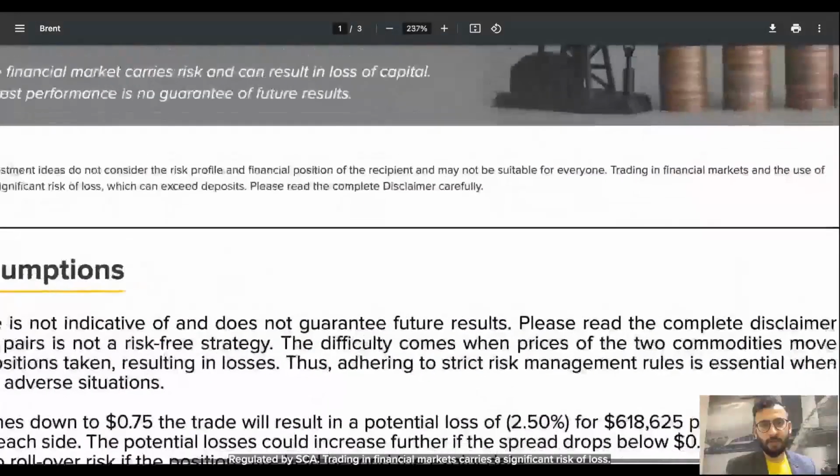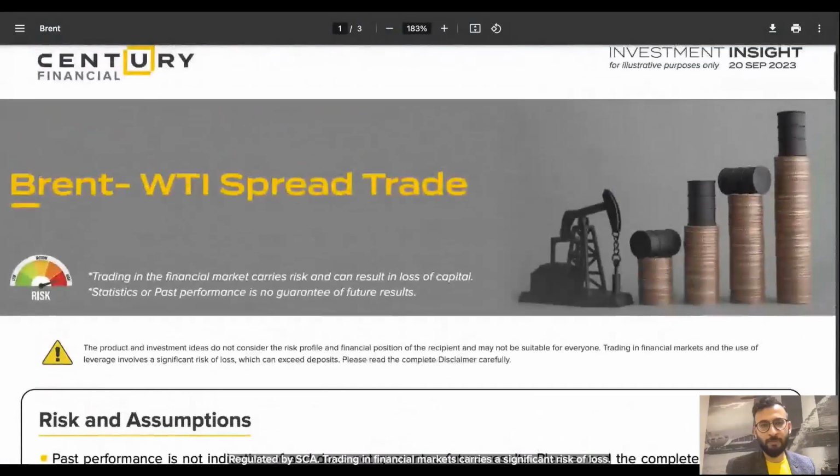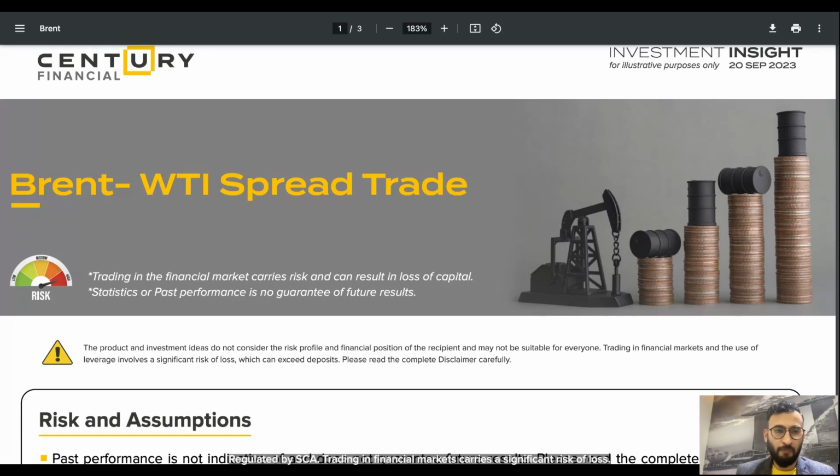See this. We are talking about a commodity based pair trade, and as I said, this is one of the best strategies and ideas we have seen in the past for the commodity based market. As we all know, oil prices have been very fluctuating, and oil prices also move a lot.